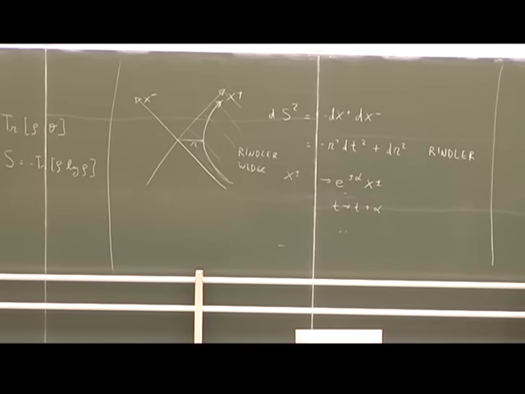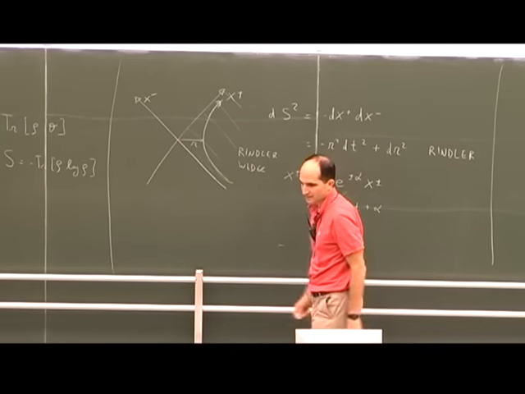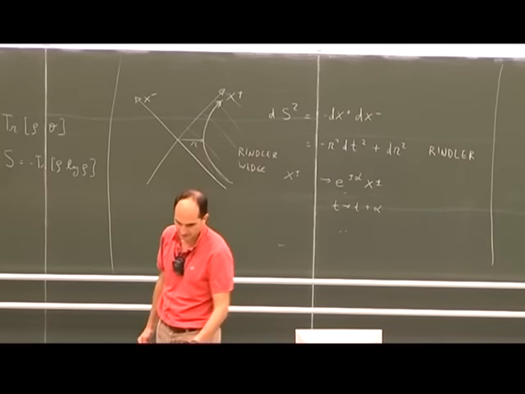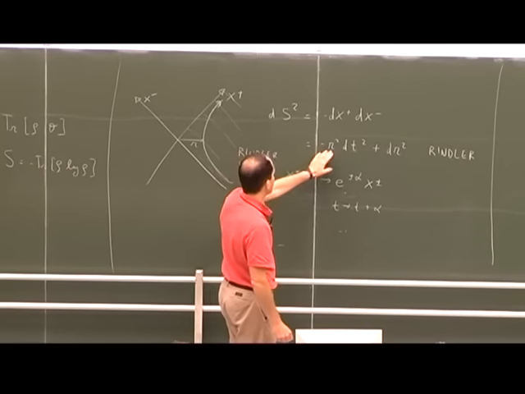So if you're sitting at some distance r, for you the vacuum will have a constant temperature, 1 over 2 pi r. This is the proper temperature that an observer would measure.